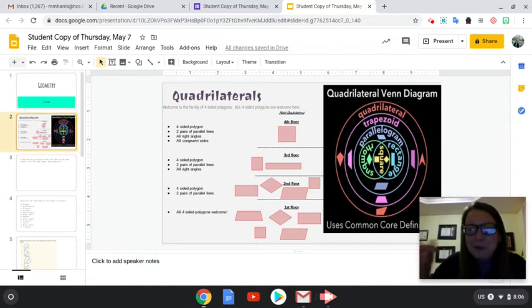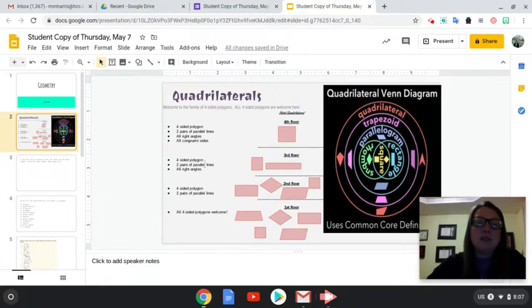A trapezoid only has one pair of parallel lines. Therefore, it can't go on. That's why it's in its separate one. So we have a quadrilateral, any four-sided polygon. Then we have a trapezoid, because the trapezoid is different than all of these on the inside because a trapezoid only has one pair of parallel lines.